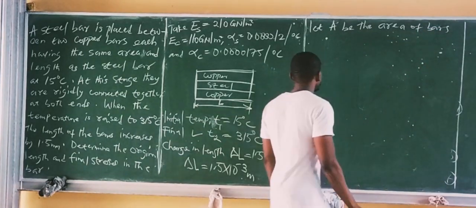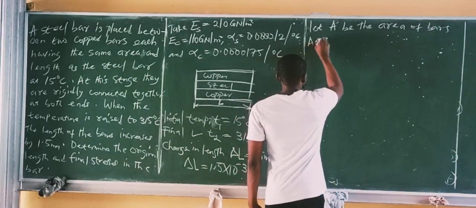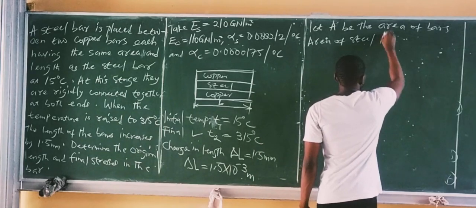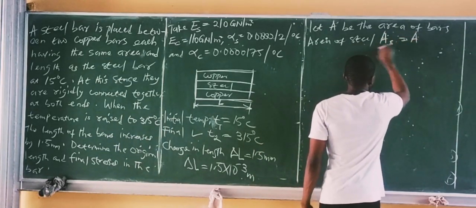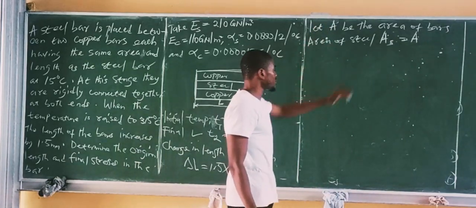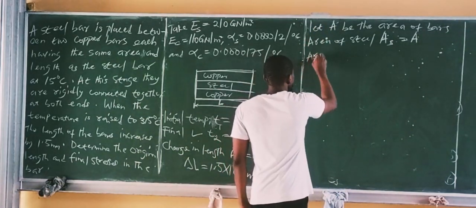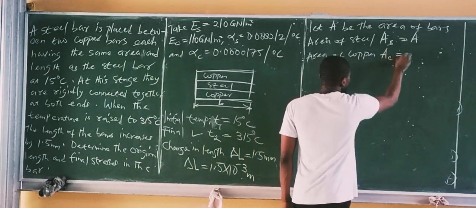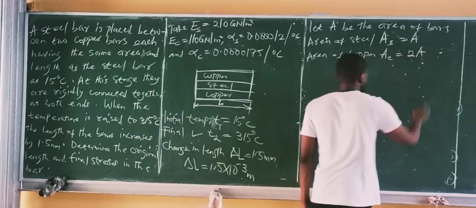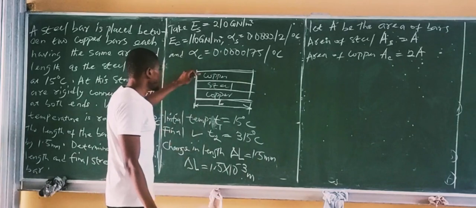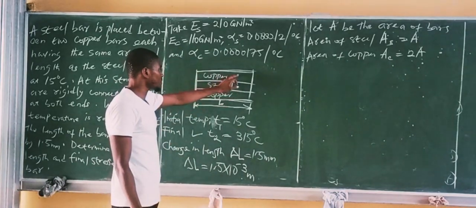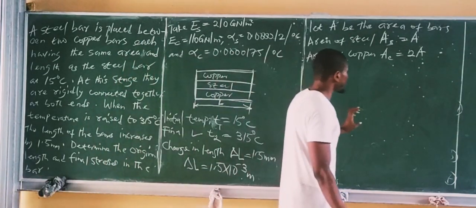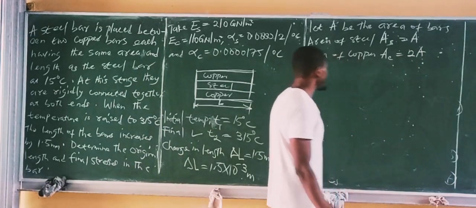The area of steel, AS, is simply equal to A. Meanwhile, the area of copper, AC, is simply 2 times A, because we have two copper bars, first copper and second copper. The sum of the two areas gives us 2 times the area, because the two coppers are the same.